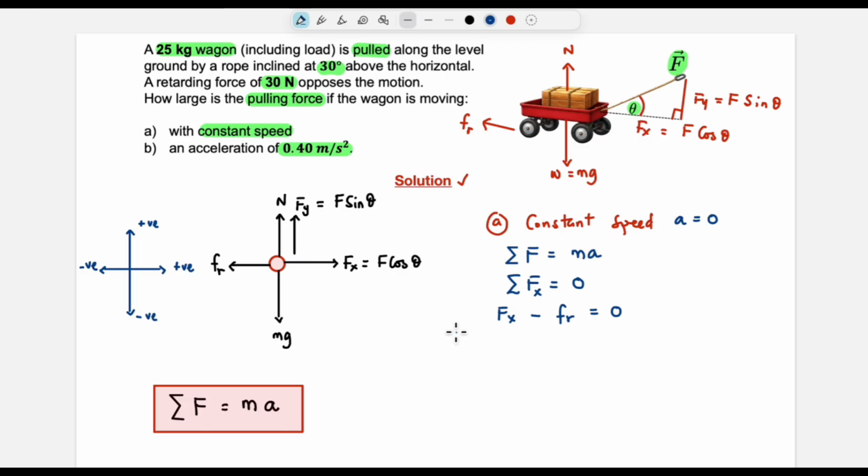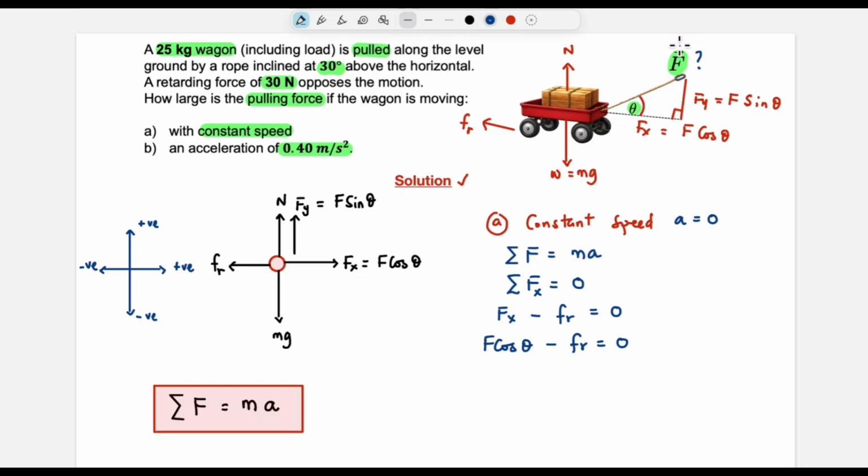We found Fx to be F cosine theta using our trig from this part. So in that case, F cosine of theta minus the retarding force is equal to 0. Our goal is to find the pulling force, F, right?